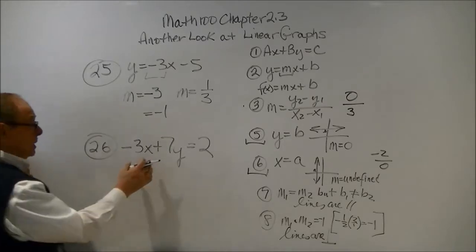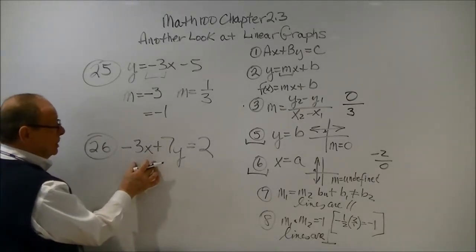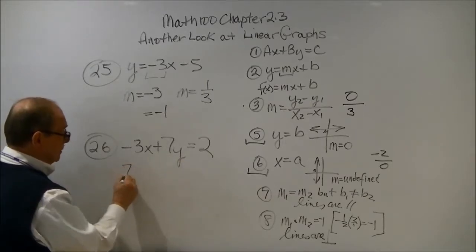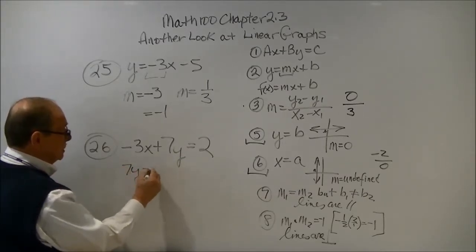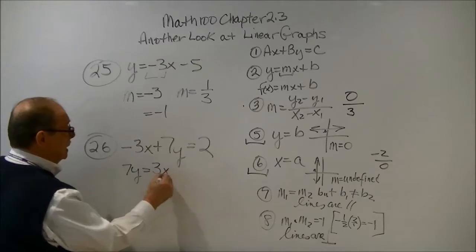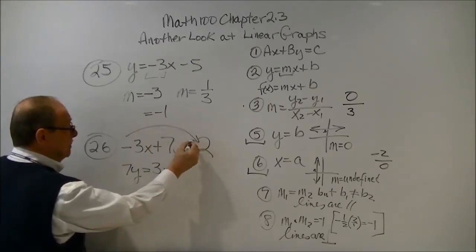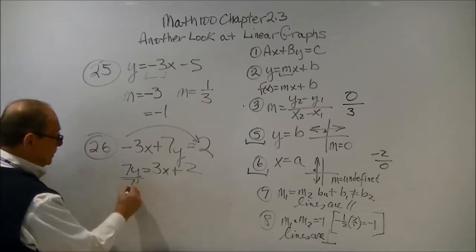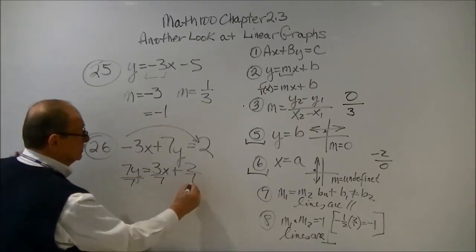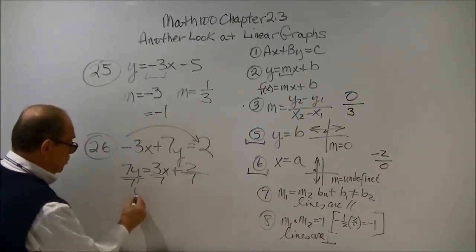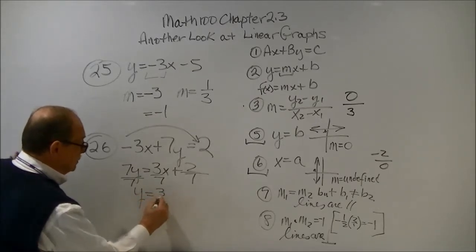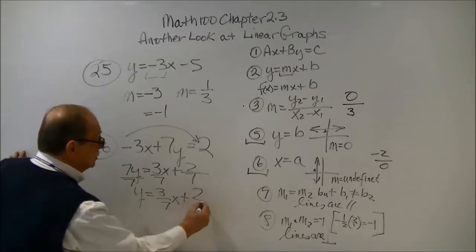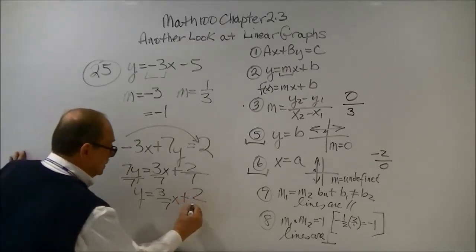Now, for this one, we have to find out what our slope is by solving for the letter y. So we have 7y equals 3x as we transpose that, plus 2. And we divide everything by 7 now. And we get y equals 3/7 x plus 2/7.